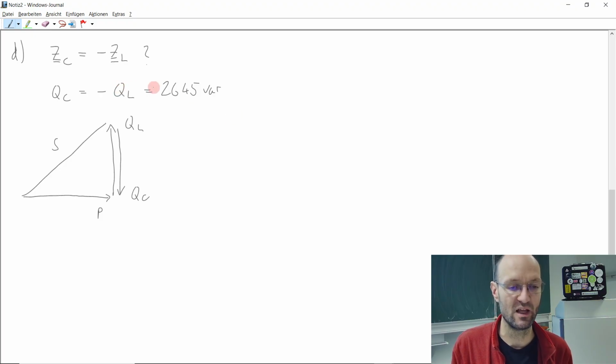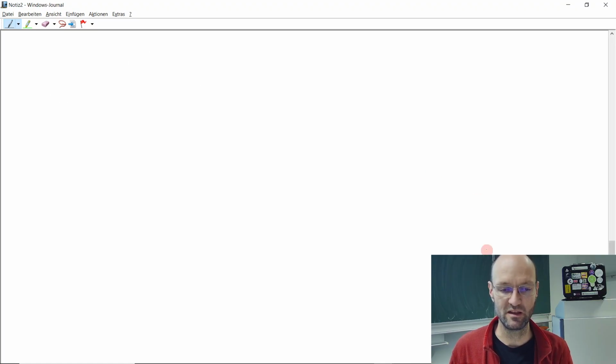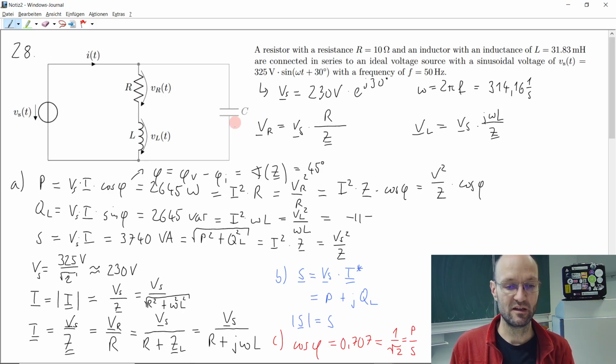This is the QL, and if we want to have minus QL, then of course I should also have a minus before this. So now the question is, how can I calculate the reactive power, the capacitive reactive power in the capacitor inside the circuit?